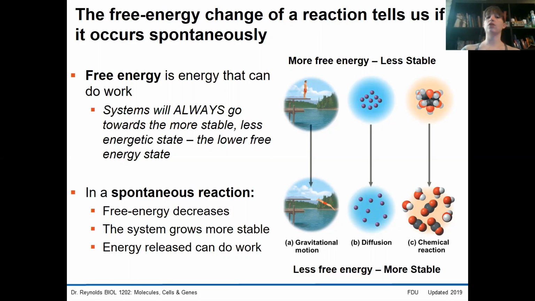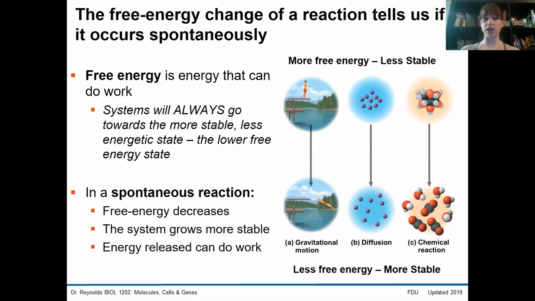Systems will always go towards the more stable, less energetic state. That less energetic state is going to have lower free energy. An example is diffusion. It's a lot of energy to pack all that free water close to each other, whereas when you diffuse down your concentration gradient or to a more hypertonic solution with lower free water, now you're dealing with the ability for water to space itself out.